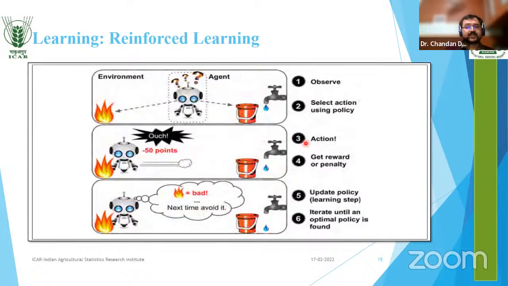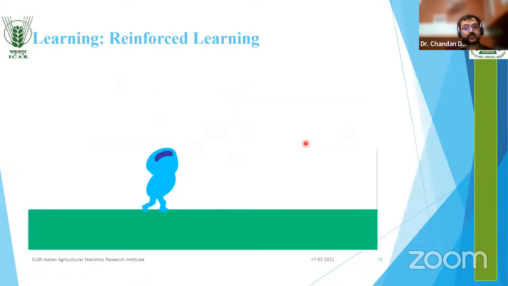On the basis of that action, it gets some feedback in terms of reward or punishment. If it gets a reward, it is an indication that it should follow that path. And if it gets punishment, then it will not take that path. It is generally like how a child learns to walk.